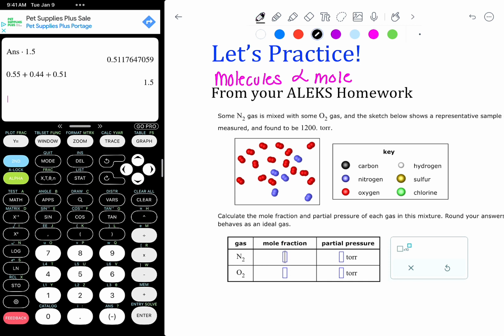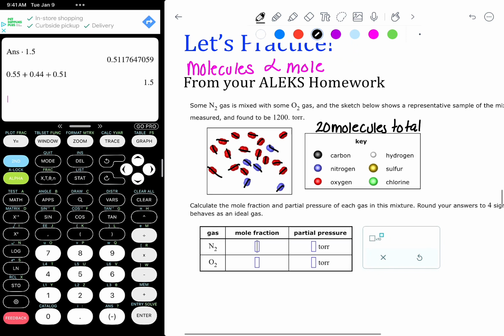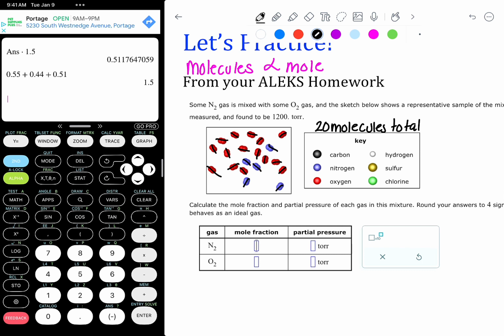We have 1, 2, 3, 4, 5, 6, 7, 8, 9, 10, 11, 12, 13, 14, 15, 16, 17, 18, 19, 20. So we have 20 molecules total. So that's going to be our denominator in each of these. Nitrogen is blue.